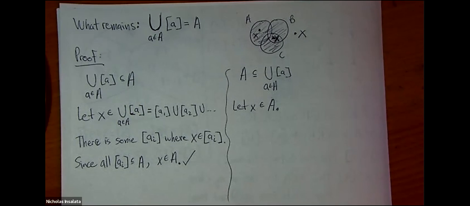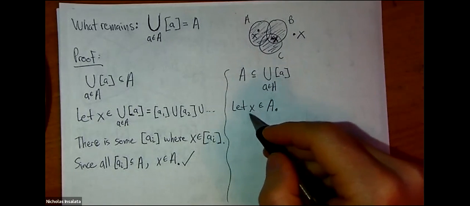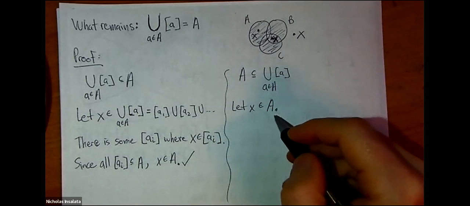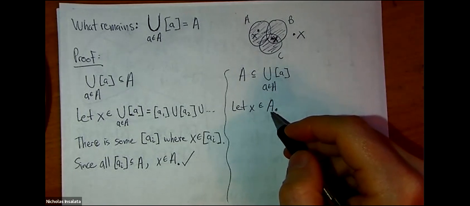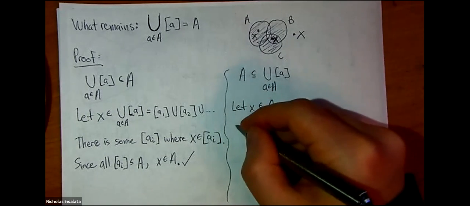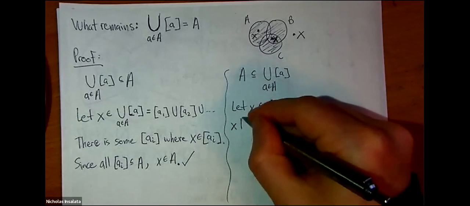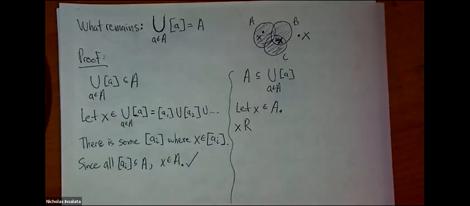All right. So we know that for anything inside of A, the relation is going to work on it. So we know that X is going to be related to something. What is X related to?